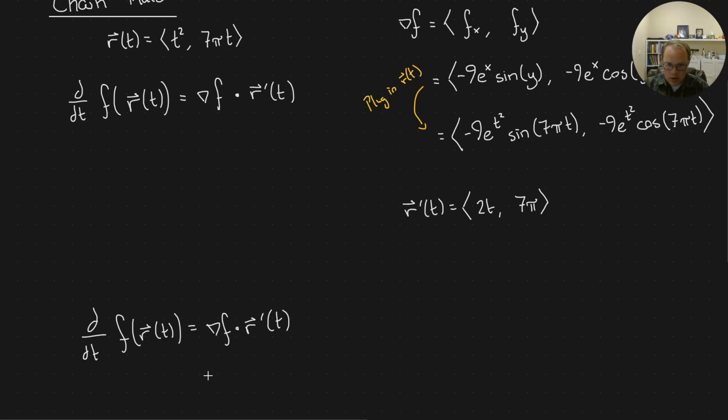Plug in gradient of f, negative 9 e to the t squared sine of 7 pi t, comma, negative 9 e to the t squared cosine 7 pi t. And then I'll take the dot product of that with r prime, which is 2t comma 7 pi.